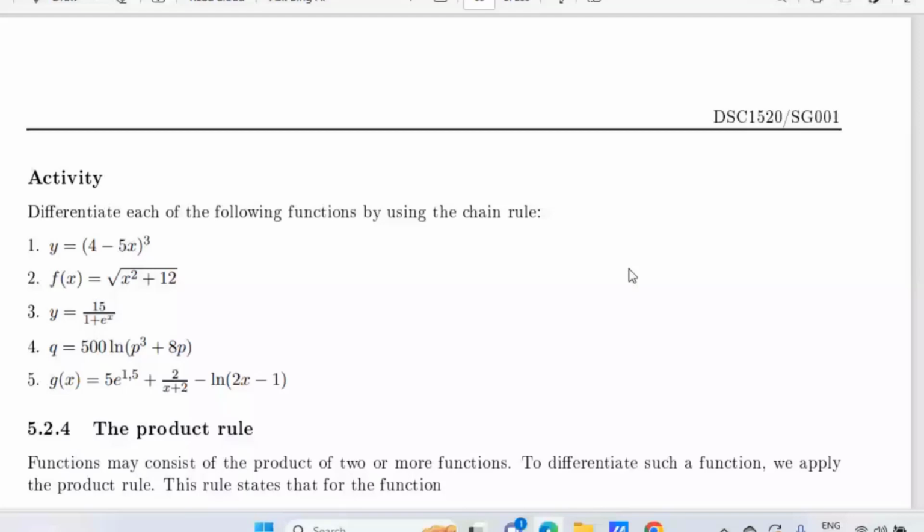Okay. Let's talk about something, sisters. Do we agree that 2 over x plus 2 can be written in terms of f of u and u? Can you repeat that?